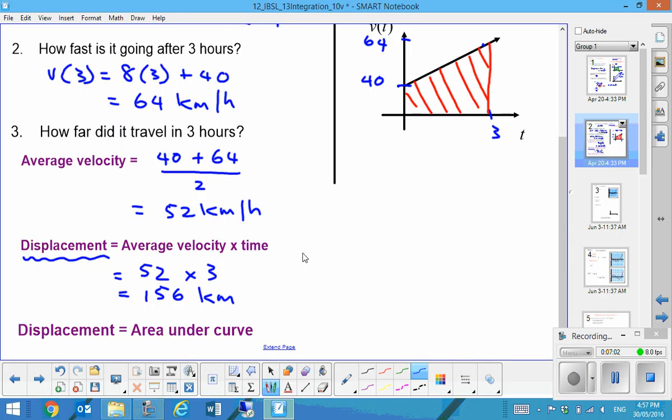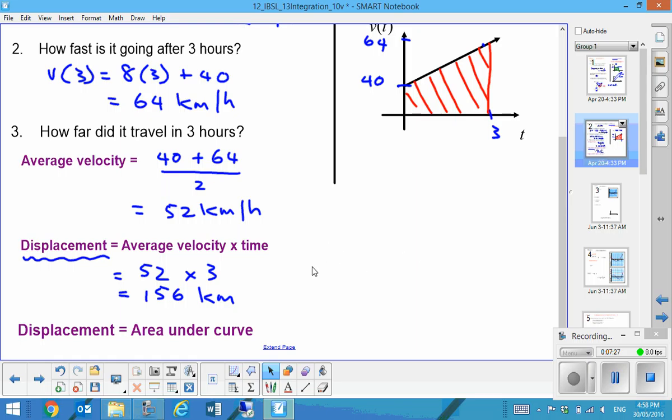Or we can do our area under the curve, and we can calculate that area, and basically, because it's a nice trapezium, you could work out that area geometrically. So the displacement is your area under the curve. So that's a nice easy one. We've got a nice linear equation for our displacement.